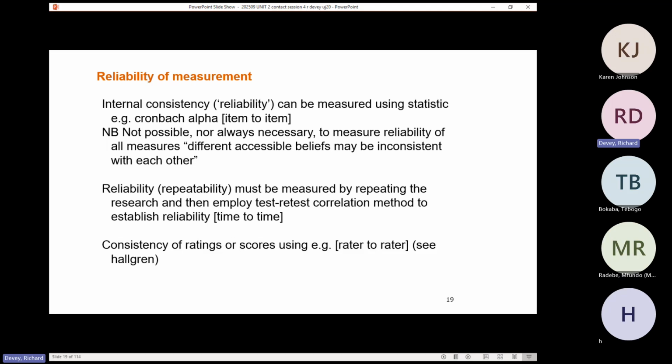That's when we deal with consistency of ratings or scores. Or you might have two people examining an assignment, and you want to see how closely their marks align. Or you could have three people reviewing a proposal for an ethics committee. Do those three people give it the same rating? How consistent are they with their ratings? Okay, so those are the three types of reliability we can measure.